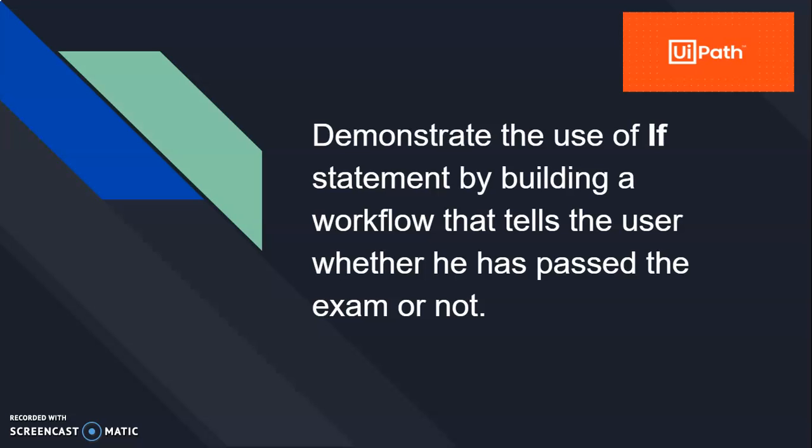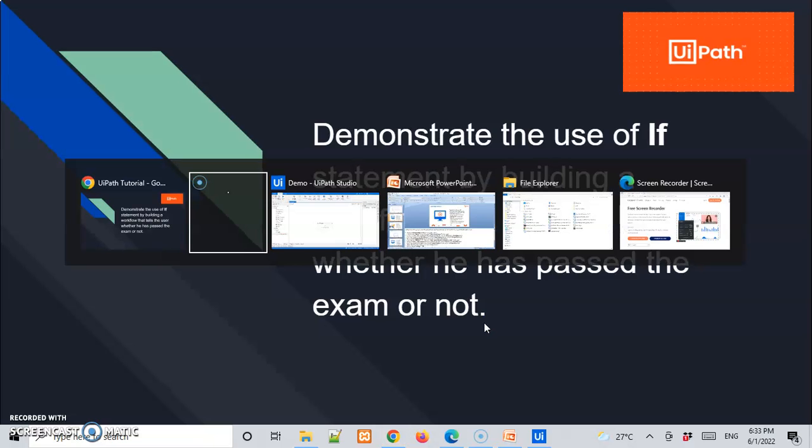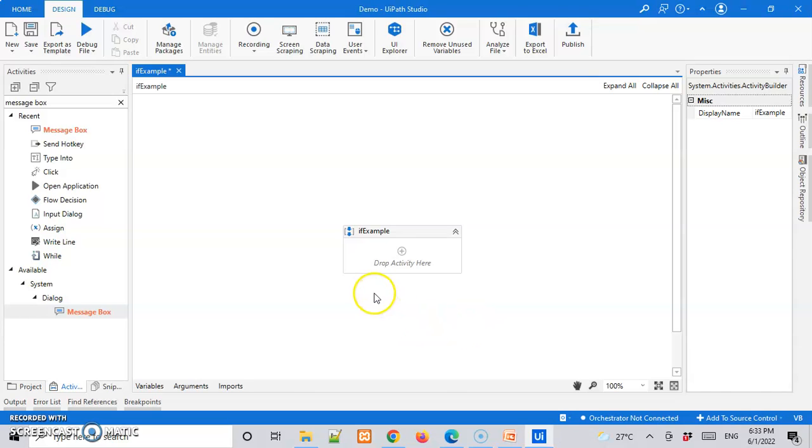Based on the marks, we will decide whether he has passed the exam or not. In this regard, we will be using an if activity, which helps us in deciding whether the user has passed the exam or not. So let us go to our UiPath Studio and build the workflow.